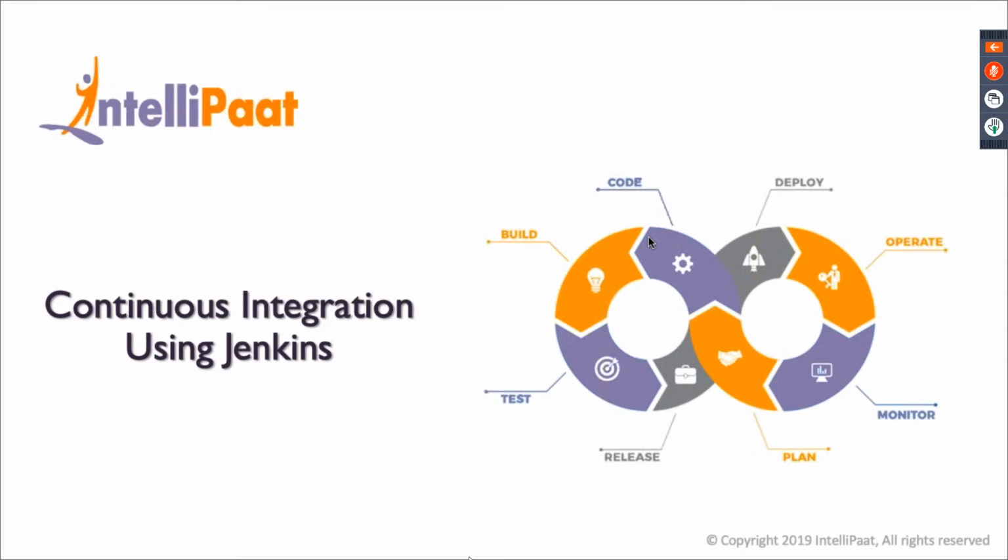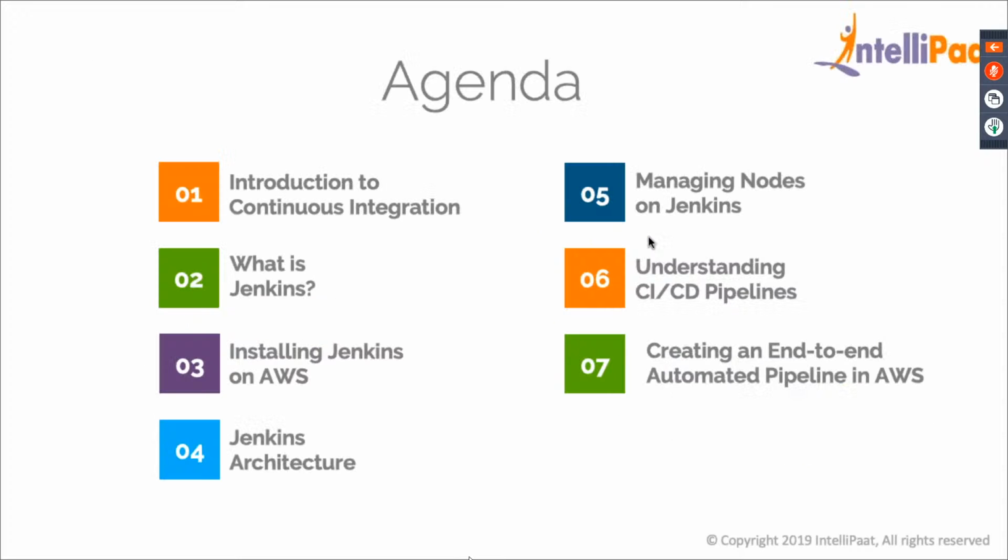So let's go ahead and see what all we'll be covering in the agenda. So, guys, we'll start off this session by first discussing what is continuous integration and then move on to discuss what is Jenkins. Once you've understood what Jenkins is, we'll discuss how you can install Jenkins on AWS, followed by the Jenkins architecture.